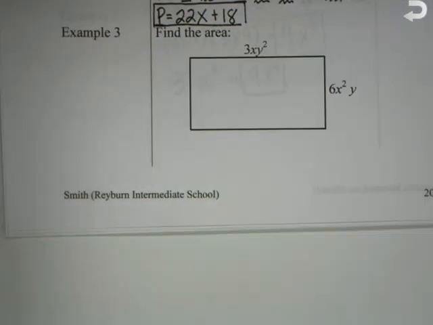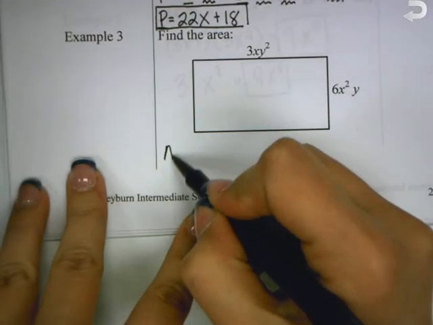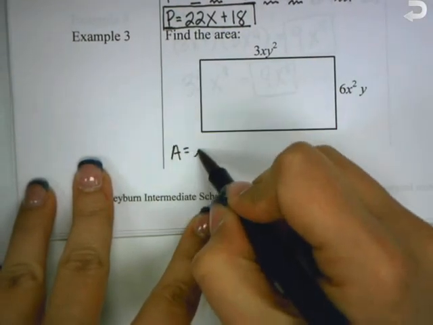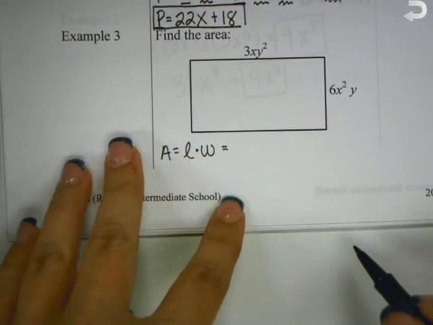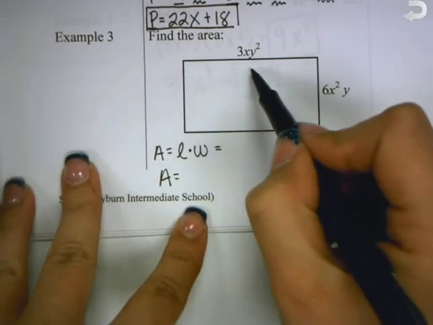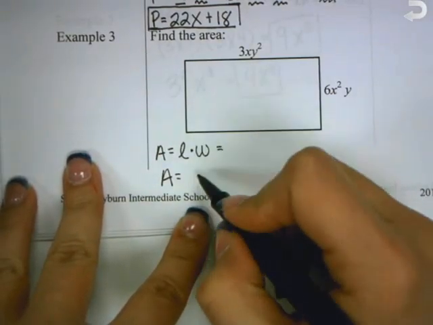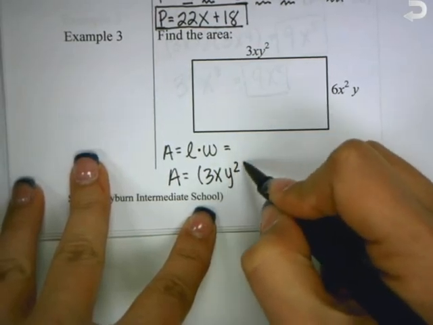Area equals length times width. So I have area equals, what's my length? 3x y squared. So I'm going to put that in parentheses, times, what's my width? 6x squared y.